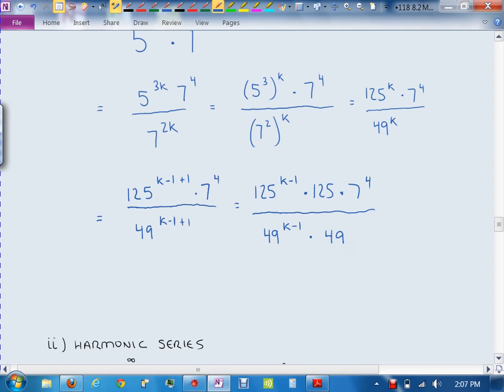Everyone following that? Now these are both to the k minus 1, right? So I can put those together in parentheses in a fraction. So I've got 125 over 49 to the k minus 1 times 125 times 7 to the 4th, all over 49.